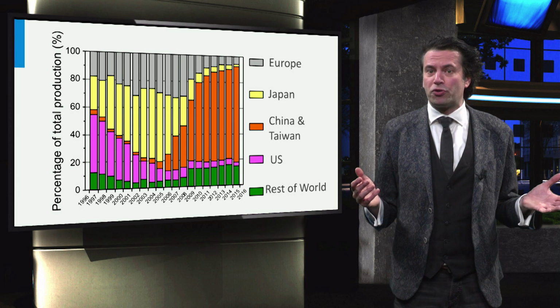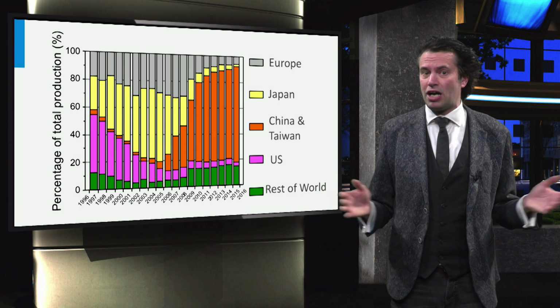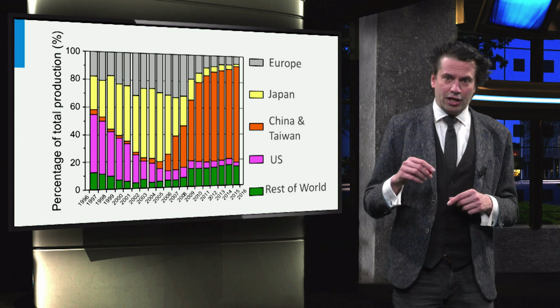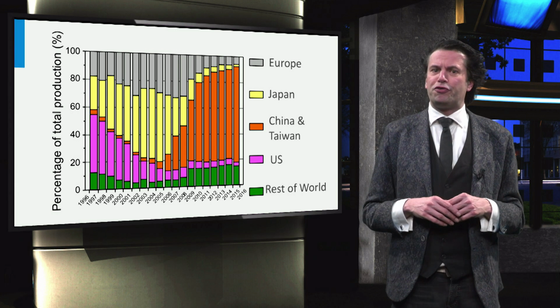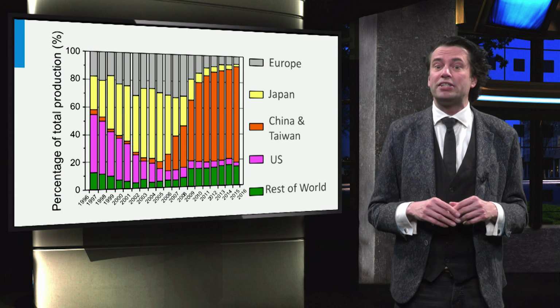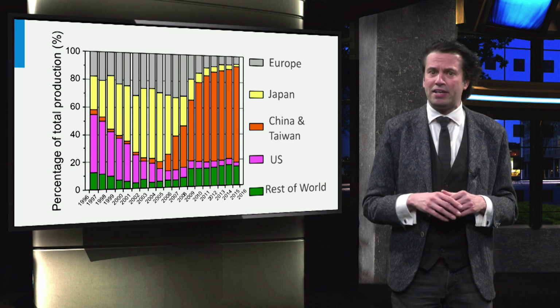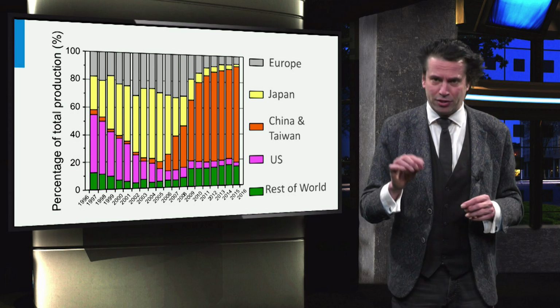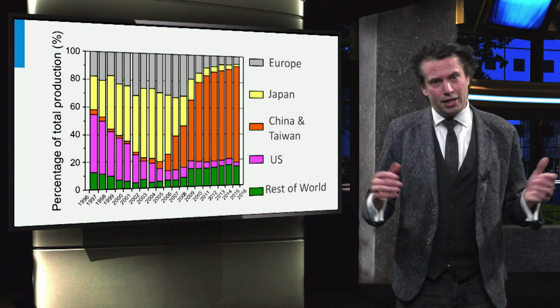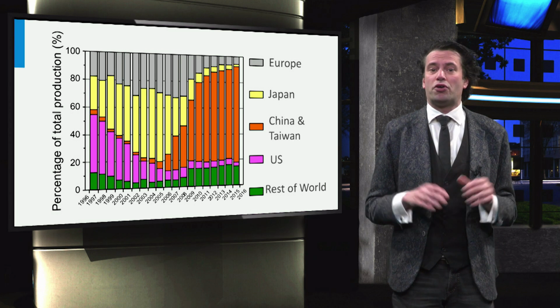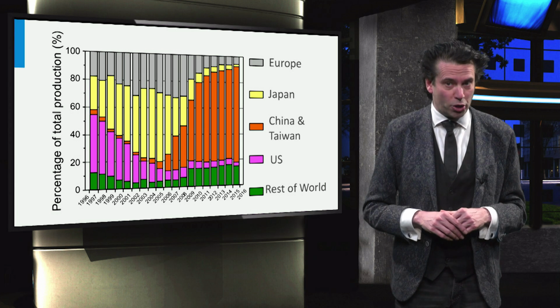The share in module production of the US has been decreasing over the last 20 years. In the early years of this millennium, the share of Europe and mainly Japan has increased rapidly. The maximum share of Japan has peaked just above 40% in 2004. In the last 10 years, China and Taiwan have shown an unprecedented growth in PV module production.